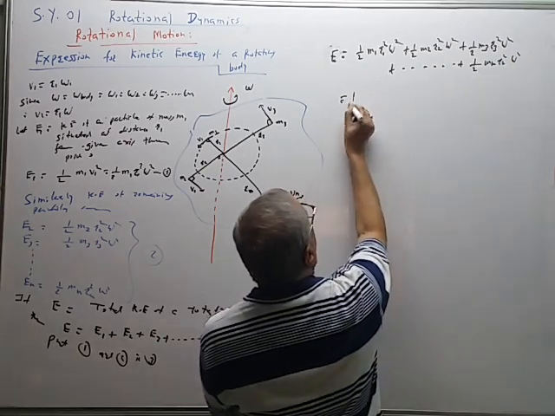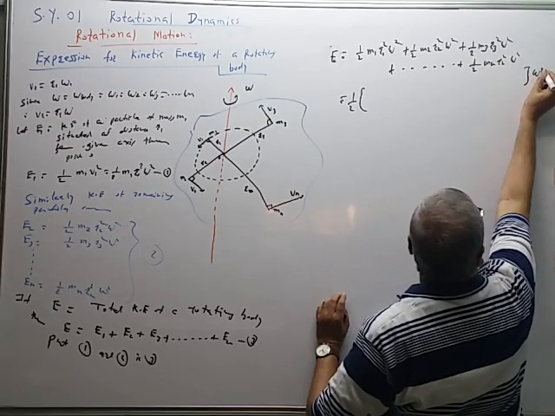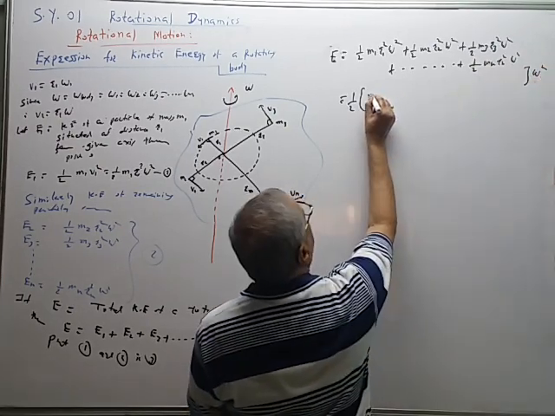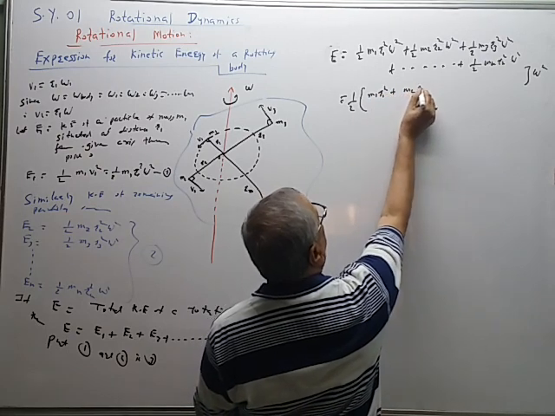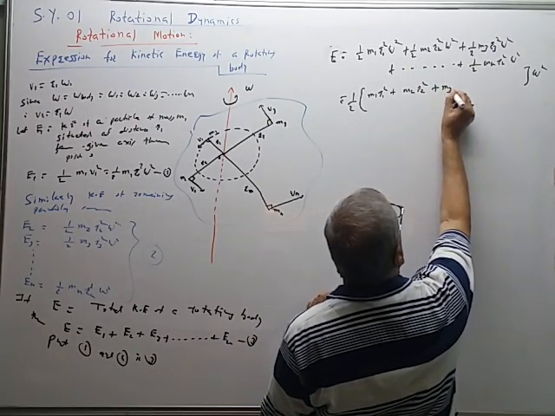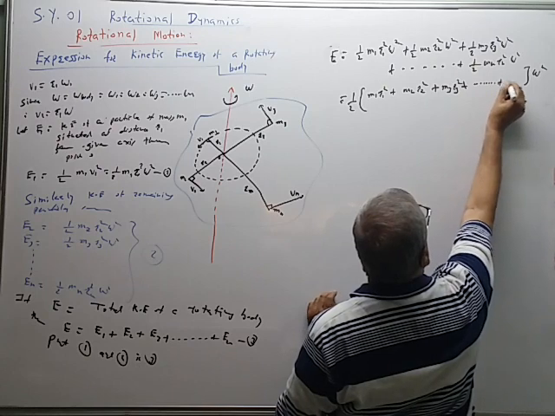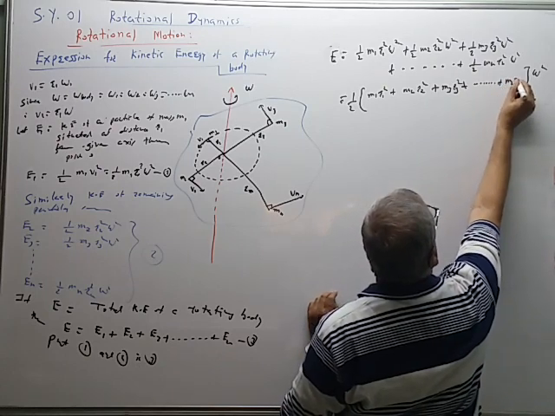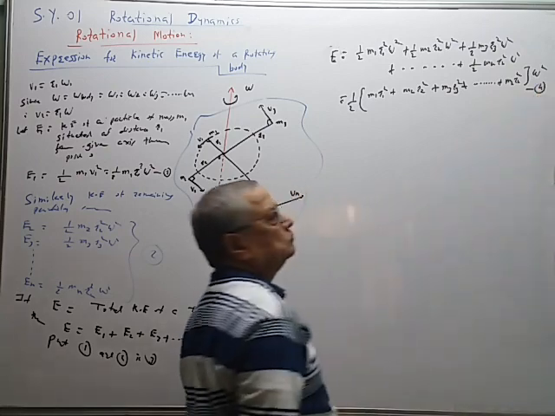On the right hand side, 1/2 is common and omega square is common, and the remaining terms are m1 r1 square plus m2 r2 square plus m3 r3 square up to mn rn square. So this is equation 4.